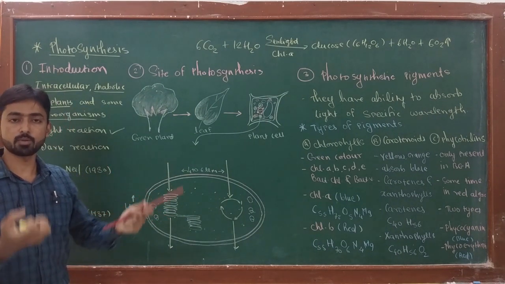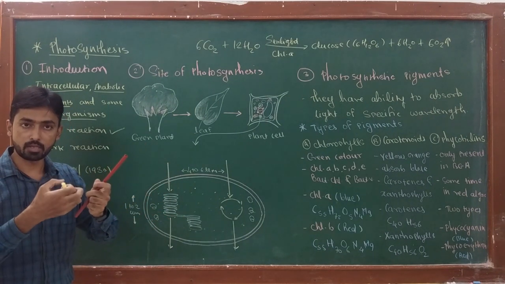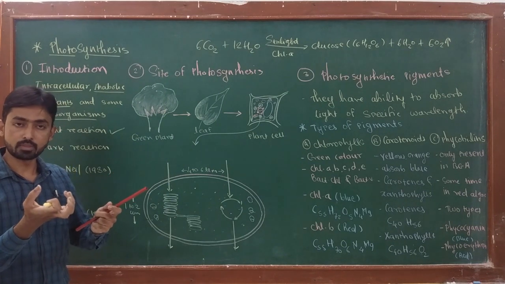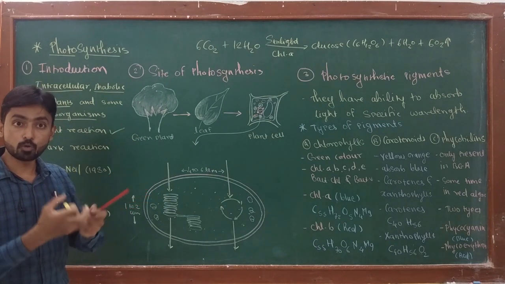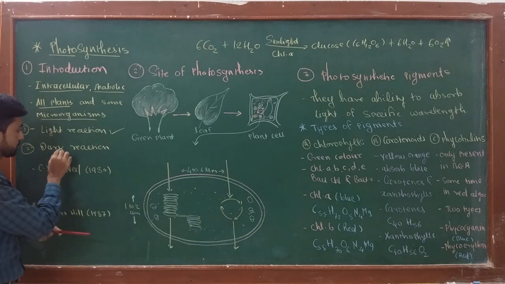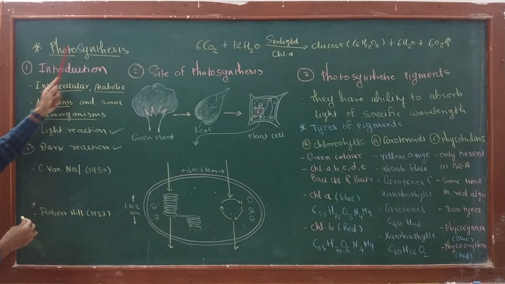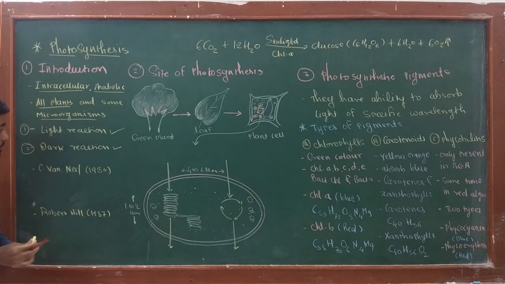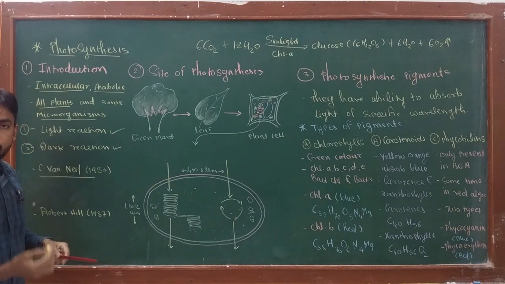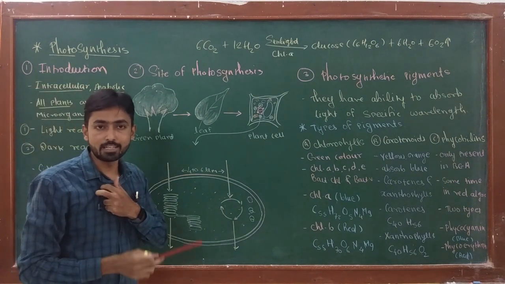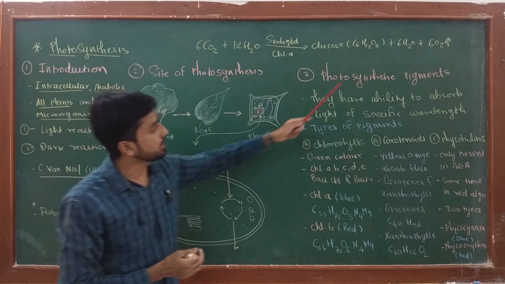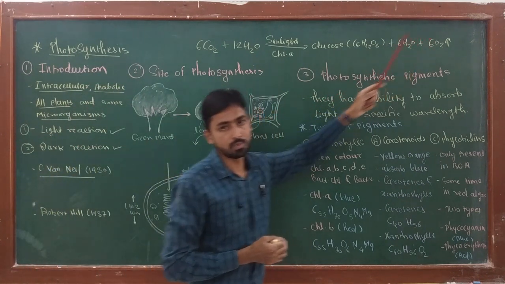Okay, in this process carbon dioxide is absorbed, or from carbon dioxide glucose is produced, so synthesis, okay, which occurs in the dark reaction. So photosynthesis is a light plus dark reaction combination.